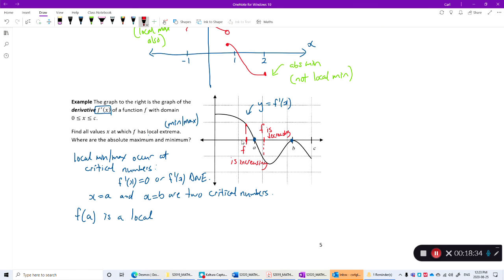So as you get to a, the function is increasing, and then after a, the function is decreasing. So that means it must be a local max. It's a local max because, I'll just say it again, f of x is increasing to the left and decreasing to the right.